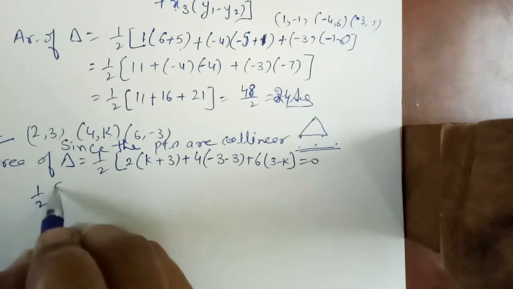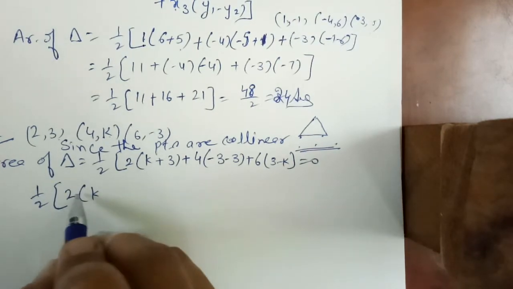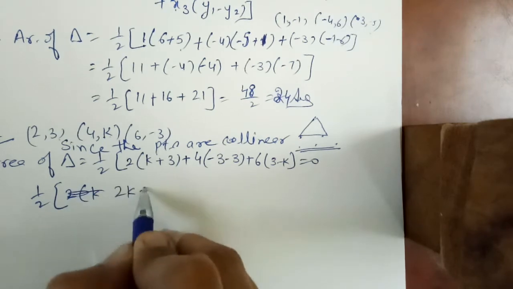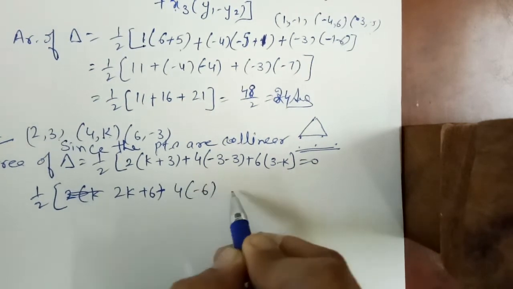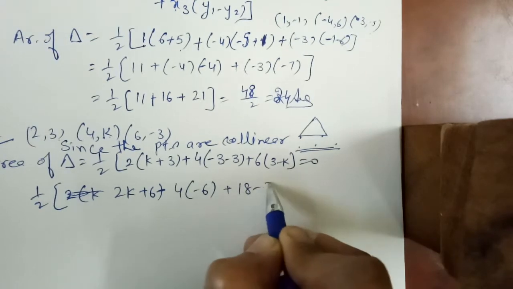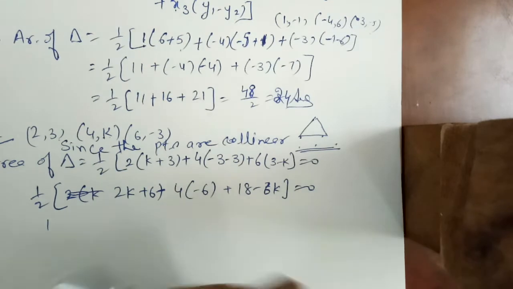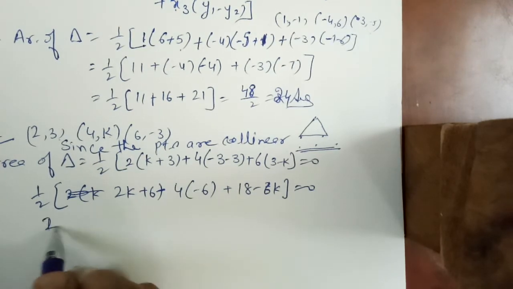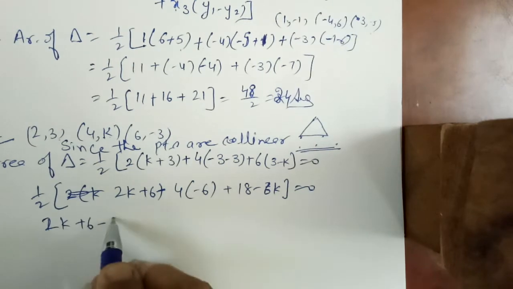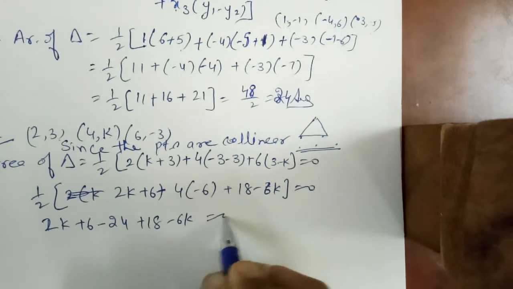According to it, it will be 1 by 2 into 2k plus 6 plus 4 into minus 6 plus 18 minus 6k is equal to 0. 1 by 2, so on that side it will be 0. The value is 2k plus 6 minus 24 plus 18 minus 6k equal to 0.